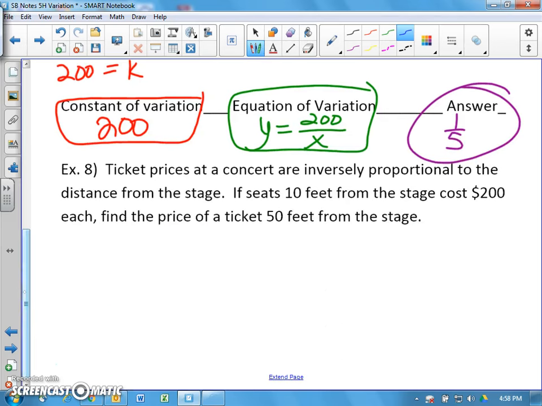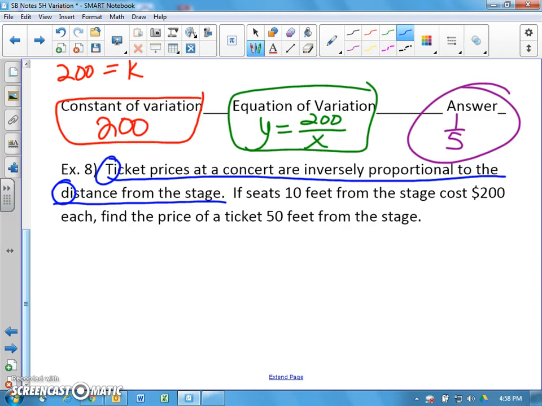The ticket prices at a concert are inversely proportional to the distance from the stage. Okay, this is going to give us our general form. I'm going to use T for ticket prices, and I'm going to use D for the distance from the stage. So my ticket prices are inversely proportional to the distance from the stage.